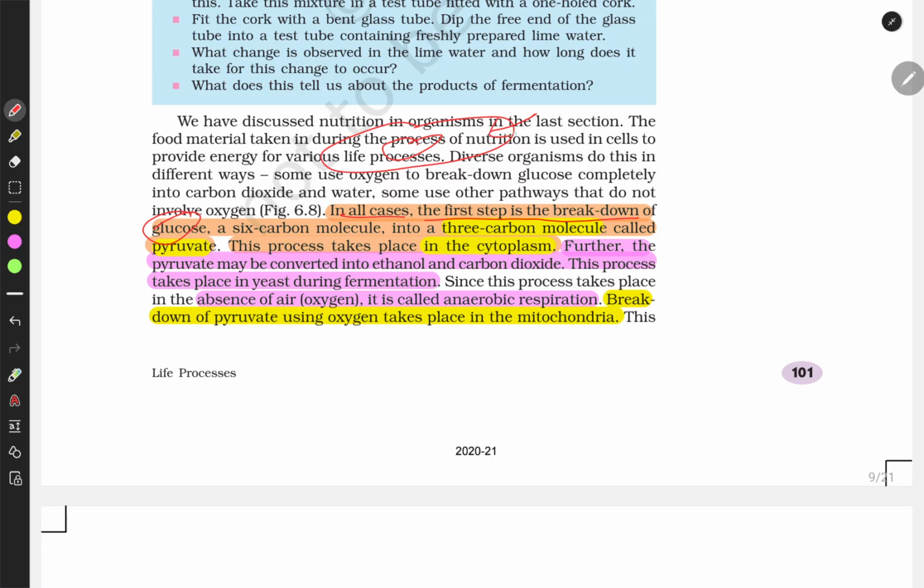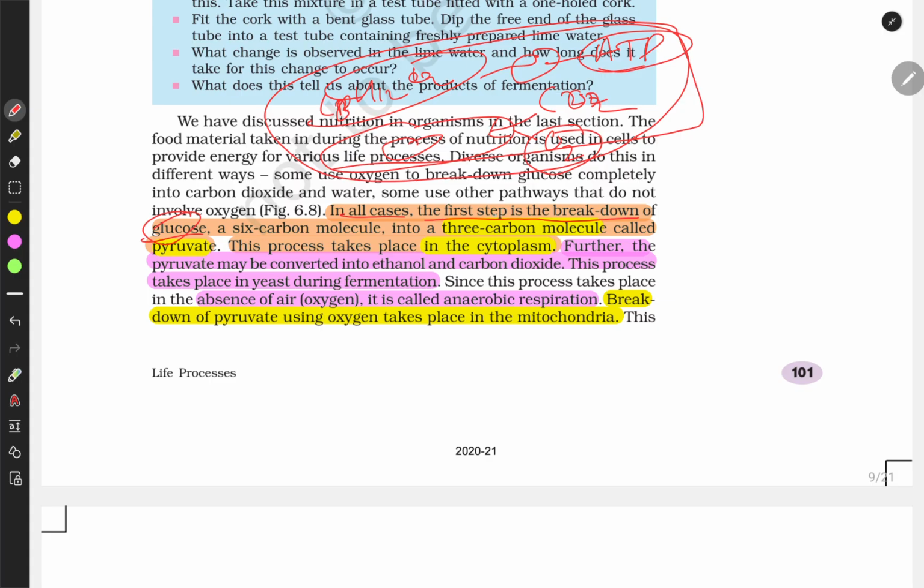For this process it needs oxygen, and the byproduct is carbon dioxide. So what is the first step for breaking down glucose? Glucose is C6H12O6, which breaks down to make energy, and this process inside the cell is called respiration. So respiration happens inside the cell.